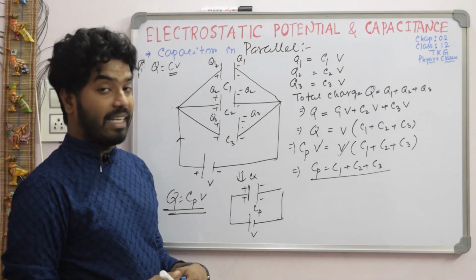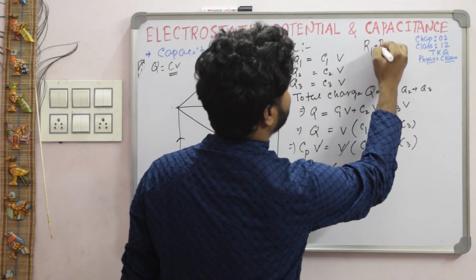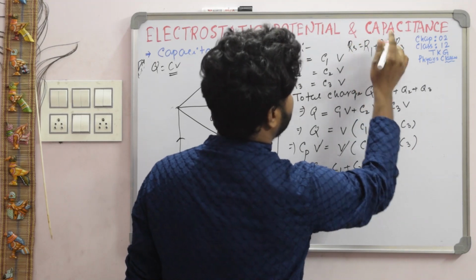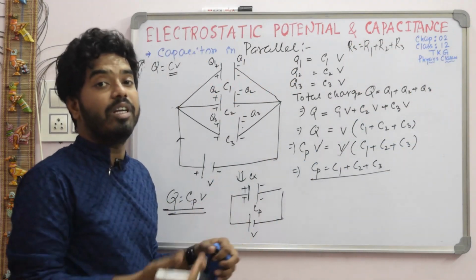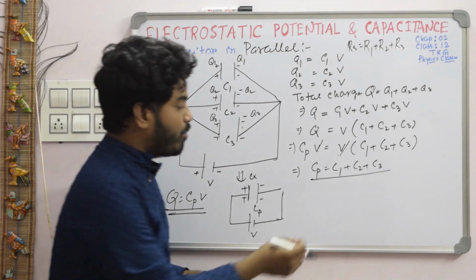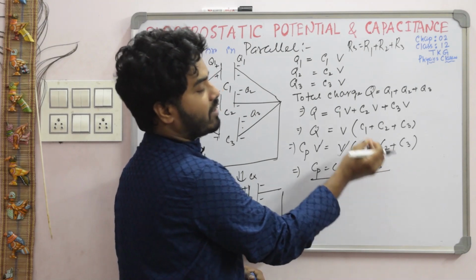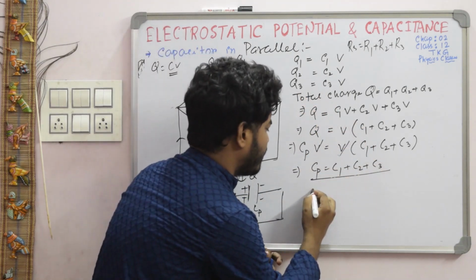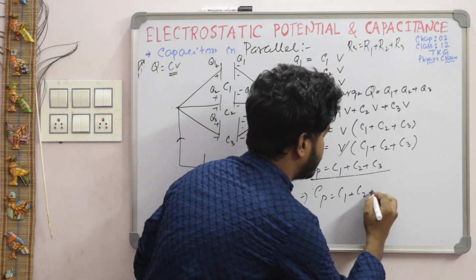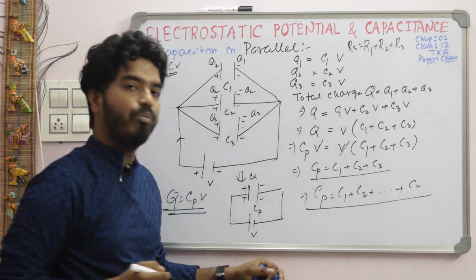This is exactly like the series combination of resistances, where the equivalent resistance is R1 plus R2 plus R3, the summation of individual resistances. Here for parallel combination of capacitors, the equivalent capacitance is the summation of individual capacitances. For n capacitors, we can write Cp is equal to C1 plus C2 plus dot dot dot up to Cn. So this is the final form.